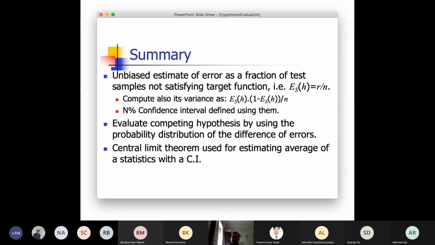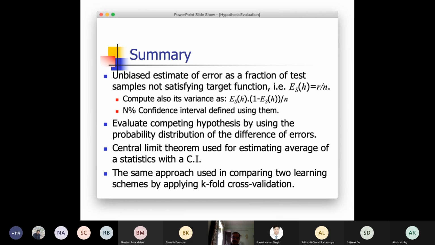Note the use of the central limit theorem for estimating the average of any statistic. You can model it as a normal distribution when your sample is large, and from there you can get the confidence interval. And in k-fold cross validation also we can extend this particular technique.